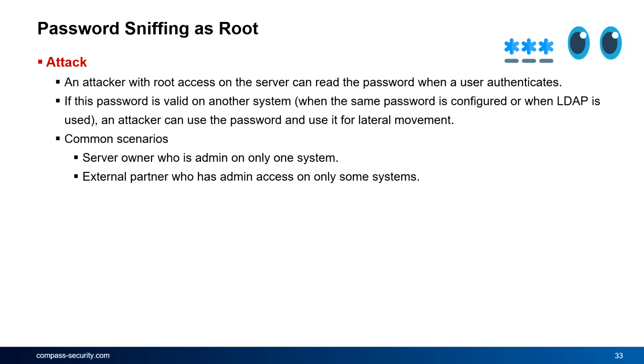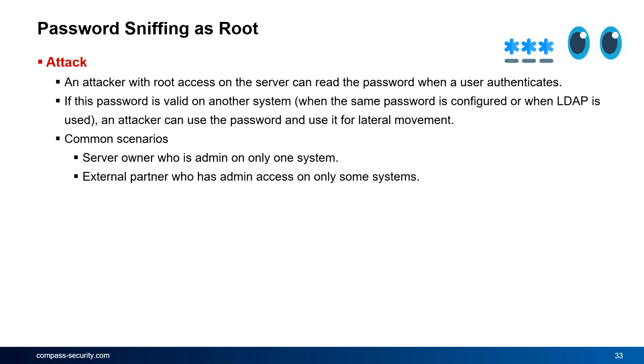to access other systems. So a common scenario would be that you have a server owner who is admin on one system, but someone performs a login who has access on several other systems. And when this user reuses their credentials on the other systems, this server owner, who is only admin on one system, also has admin privileges on the other systems because of this compromised password.